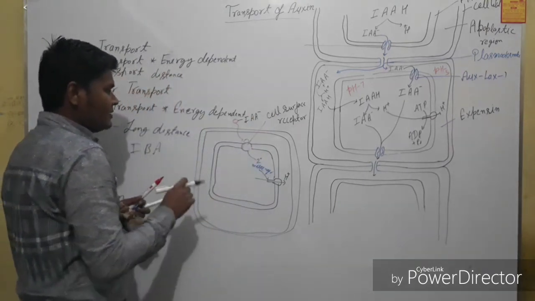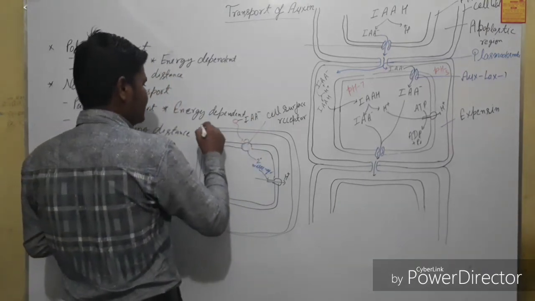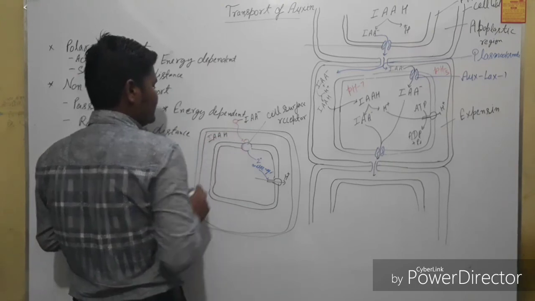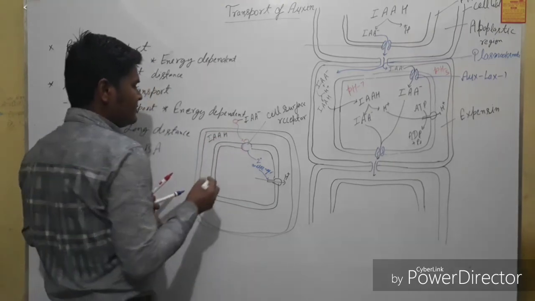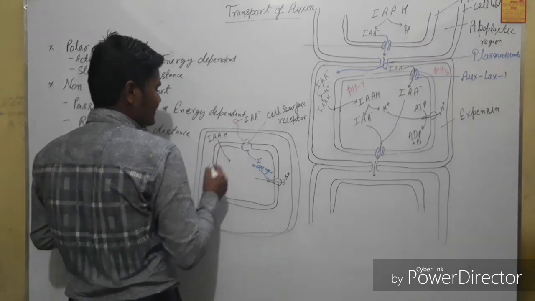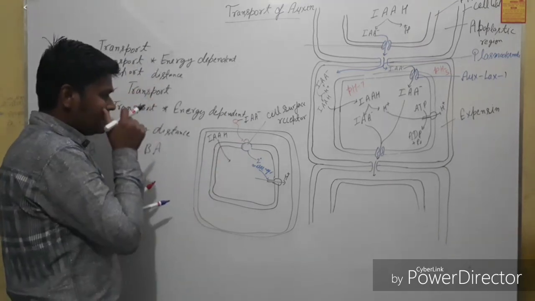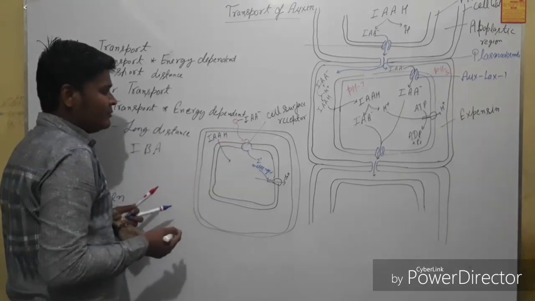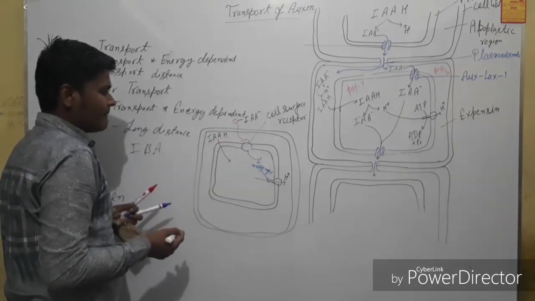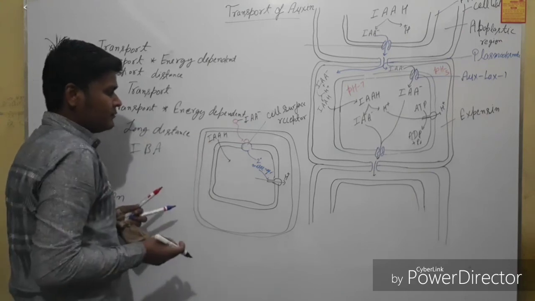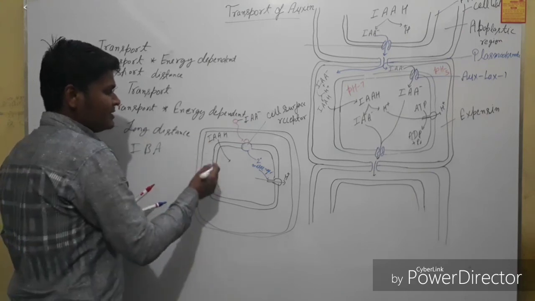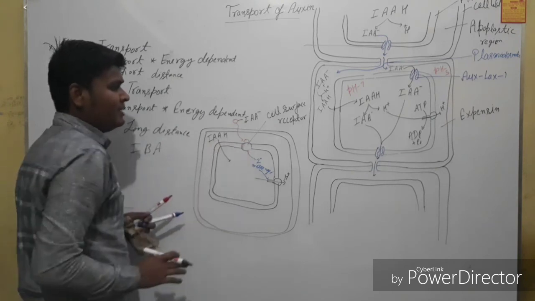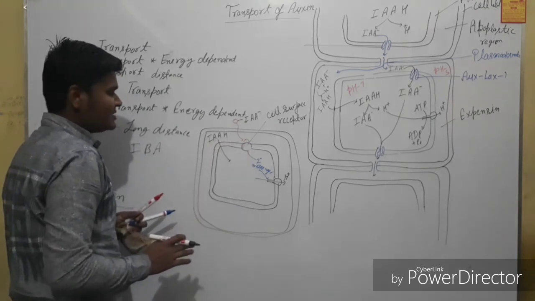Okay. And another, if IAA is in the bound form, then it will come here because it is a lipophilic form. That is why it does not require any type of cell surface receptor.